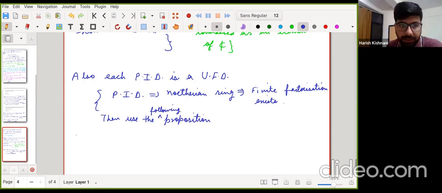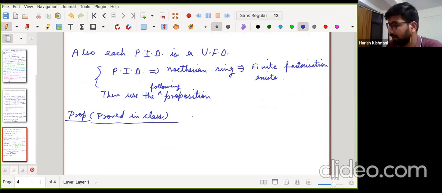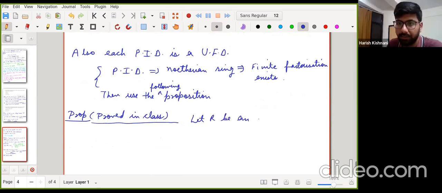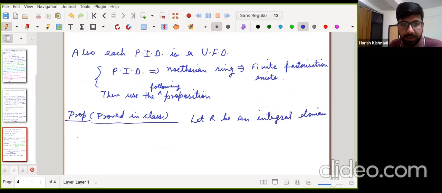The proposition says, this has already been proved in class, that let R be an integral domain in which factorization exists.